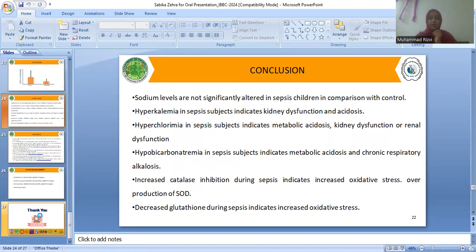Hypobicarbonatemia in sepsis indicates metabolic acidosis, chronic respiratory acidosis. Moreover, increased catalase inhibition during sepsis indicates increased oxidative stress and overproduction of acids. Besides this, decreased glutathione during sepsis indicates increased oxidative stress.